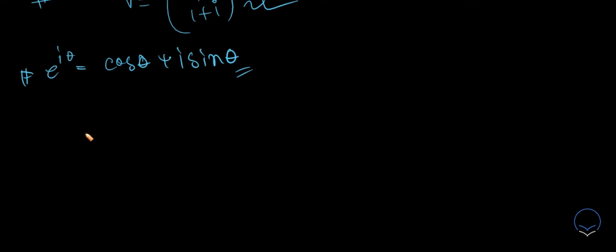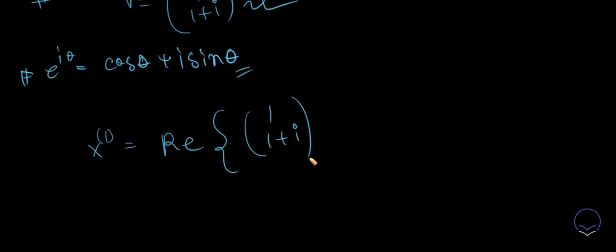So our first solution will be, let's call this x1, the real part of this. Obviously I'm ignoring the arbitrary constant right now, and we'll have e to the power it, like this.